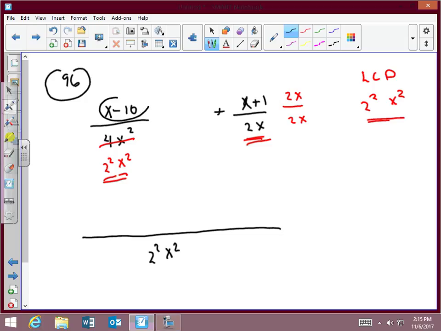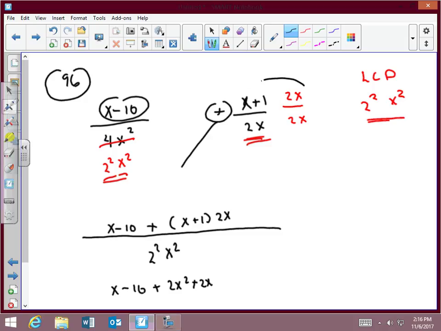Now bring this term down, x minus 10. Bring this sign down, plus. And then this is actually x plus 1 times 2x, and I have to distribute that. Now you can skip this step by just combining these. Jump down to x minus 10 plus 2x squared plus 2x.